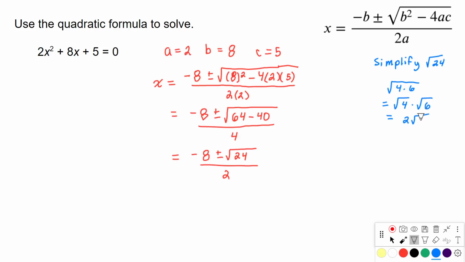So we can actually write our equation as -8 plus or minus, and instead of the square root of 24, we can write it as 2 times the square root of 6 over 2.